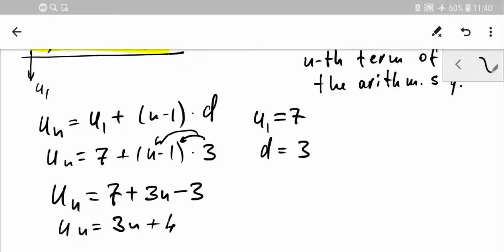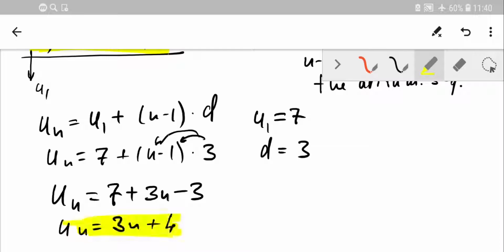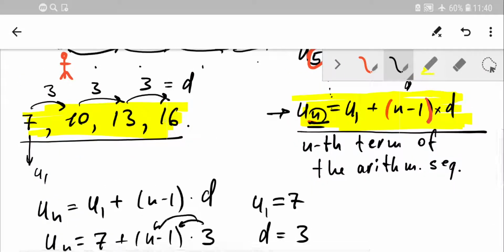Okay, so we got the formula, but for example you miscalculated something. How to understand whether it is correct or not? Basically you can say you want to determine the next term: with the difference 3 it becomes 19, and let's say this is the first term, second, third, fourth, fifth term.